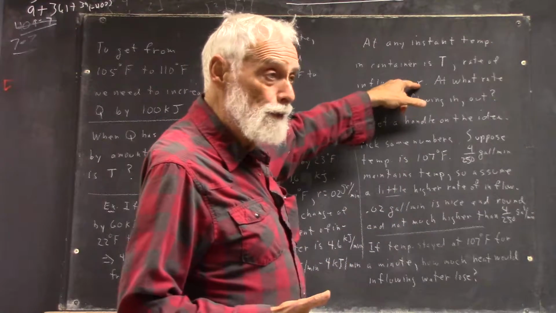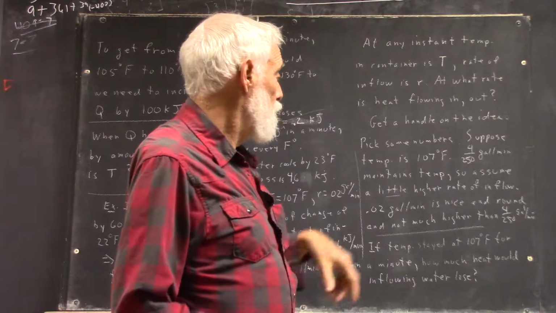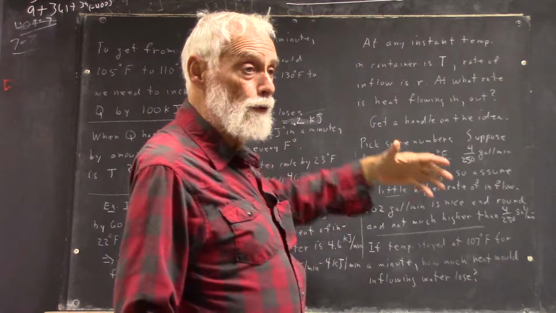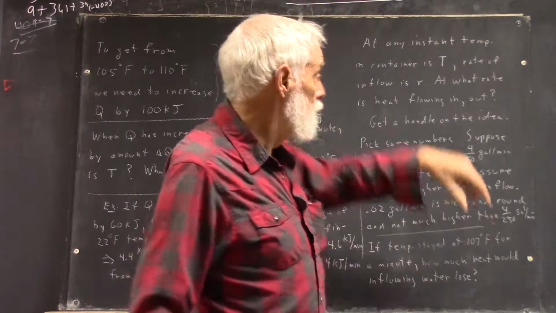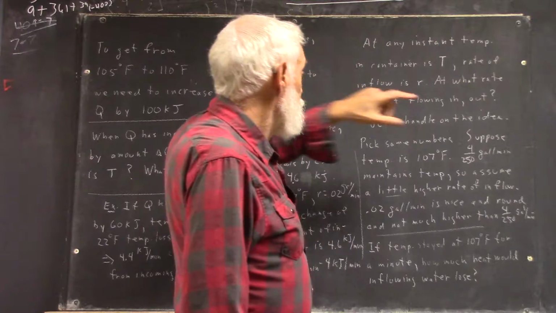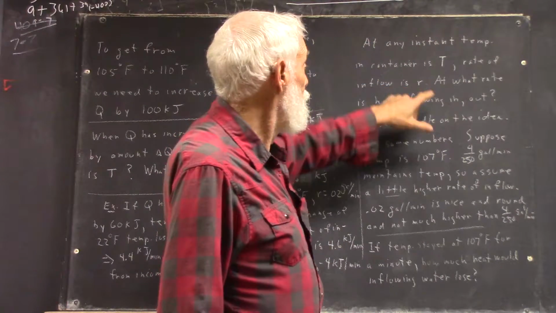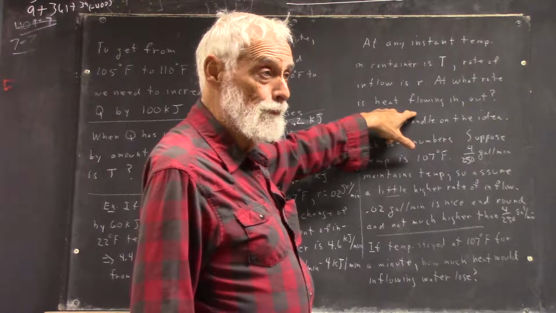And then we have the inflow rate. And we're going to kind of implicitly let Q stand for the quantity of heat. I think I said that. Okay, at any instant, the temperature of the container is T, and the rate of inflow is R. At what rate is heat flowing in, and at what rate is heat flowing out?